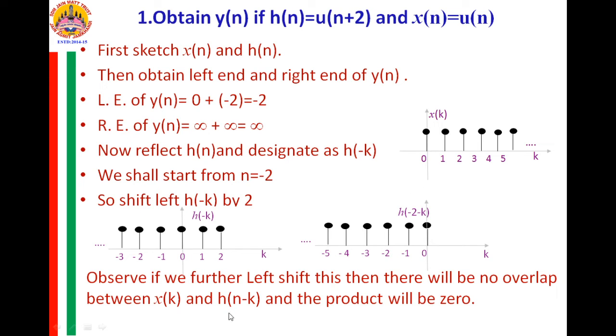So, the product x of k and h of n minus k will be equal to 0. So, this product will start existing from n is equal to minus 2. For n is equal to minus 2, the product exists for k is equal to 0 to 0.